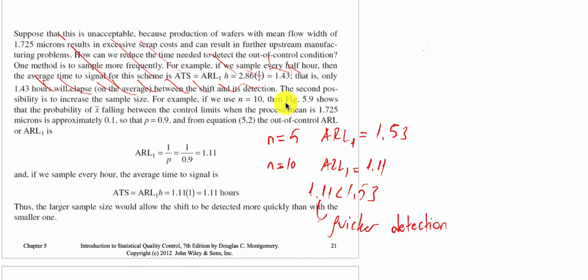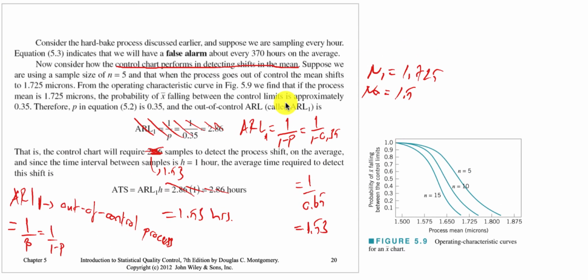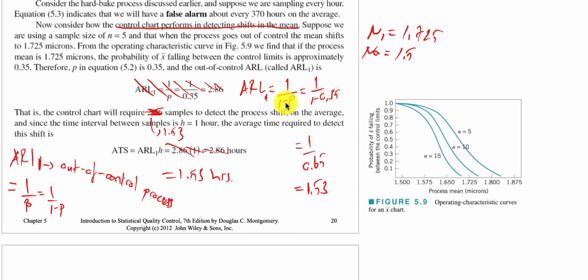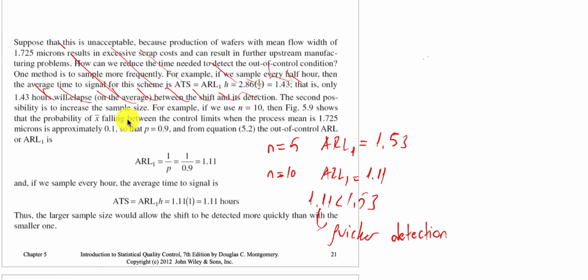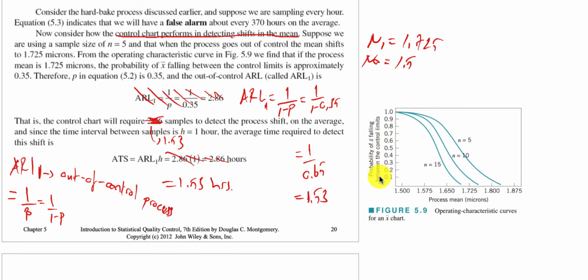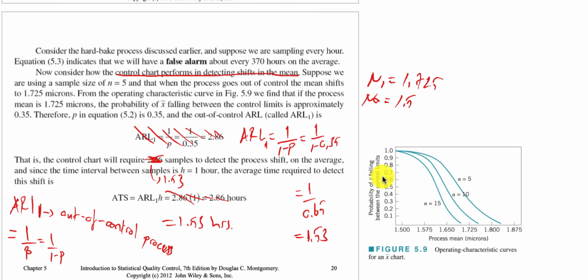Okay. But here, I'm taking your attention here. This was a calculation for 5, if the sample size is 5. If we increase the sample size from 5 to 10, our average run length will be much lower. Why? Because the probability of falling between control limits will be reduced. Why? Sample size is increased.